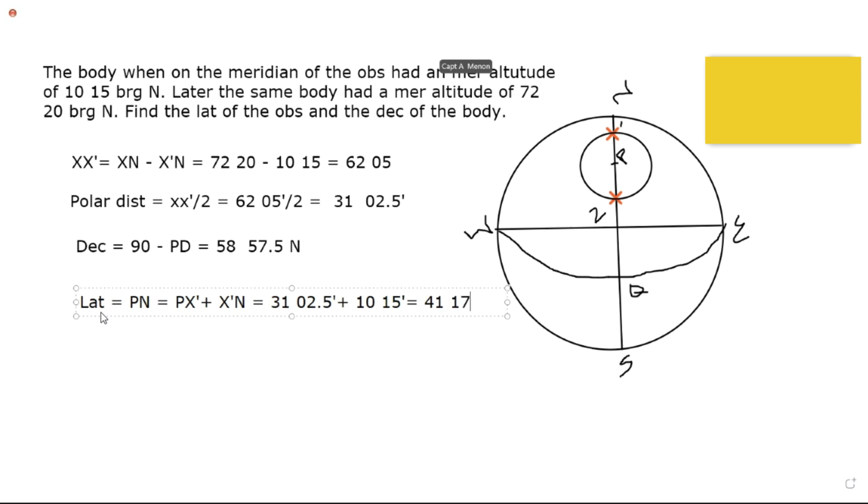How did you take latitude as PN? We said that in the first class only. So that means you have not attended the first class. Altitude of pole is equal to latitude. Elevation of pole, therefore, altitude of pole.